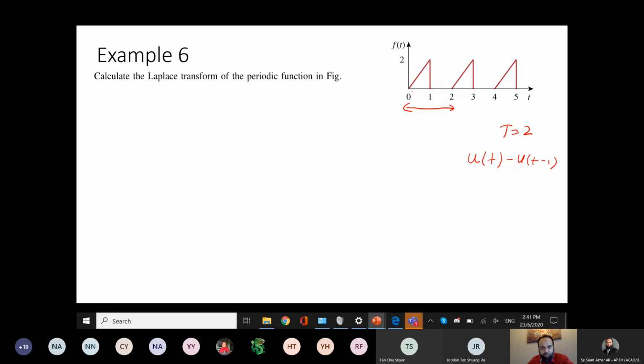This is something that we expect because it's only non-zero in the first period. How do we write this function? We need to find the equation of this line. There were many methods, if you remember, the two-point method or the slope-point method or something.